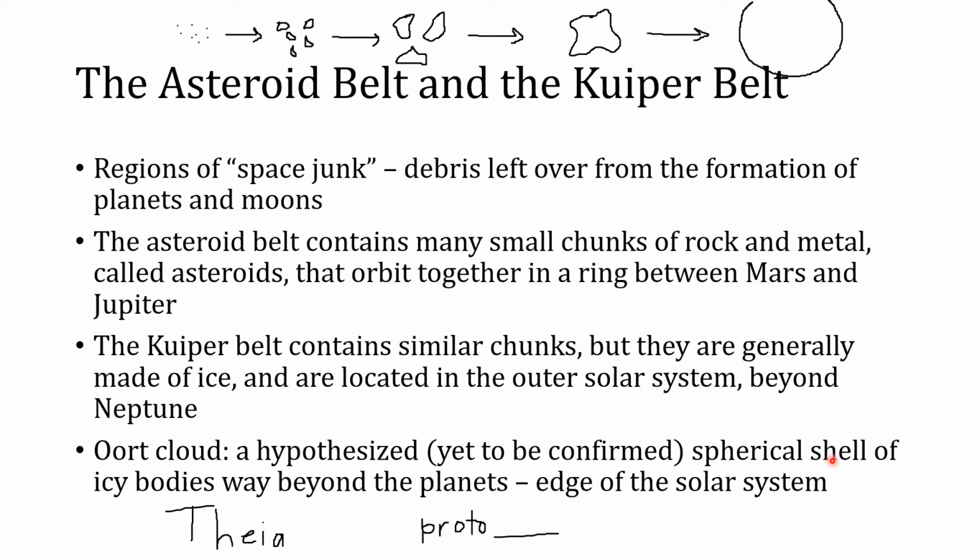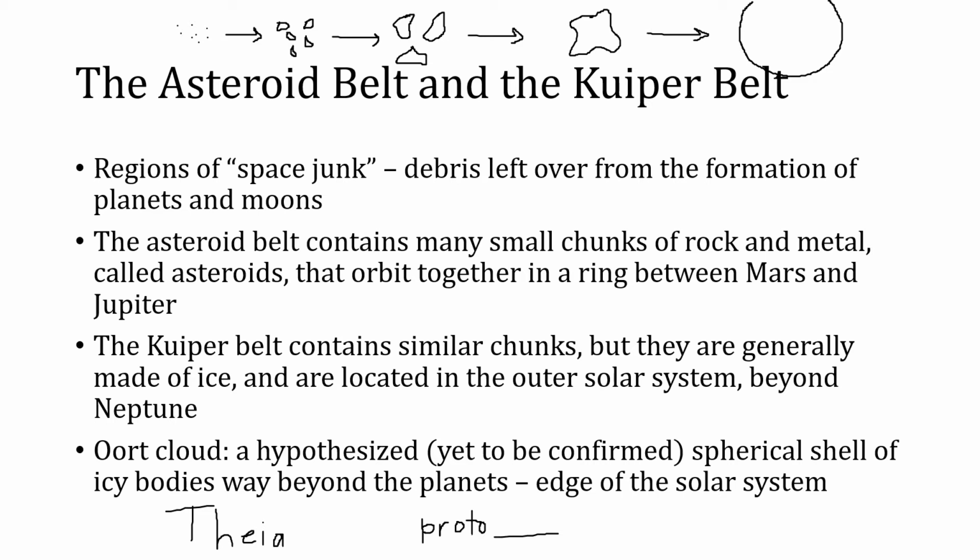So instead of a ring, like a circle in 2 dimensions, it's like a ball in 3 dimensions that surrounds the solar system on all sides, made up of comets, and they orbit the Sun at a tremendously huge distance. And basically the end of the Oort cloud is the end of the solar system. When you hit the Oort cloud, you're in interstellar space kind of territory. So it's really far out.